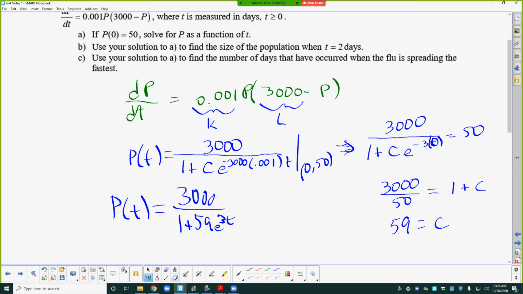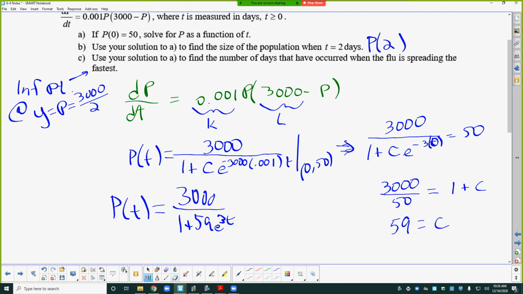Use your solution to find the number of days that have occurred when the flu is spreading the fastest. What am I looking for? Inflection point. And I know that the inflection point is going to happen at y equals, or P equals, 3,000 over 2.